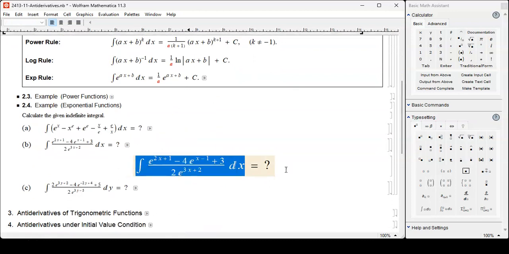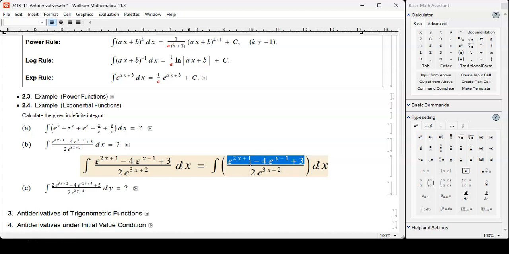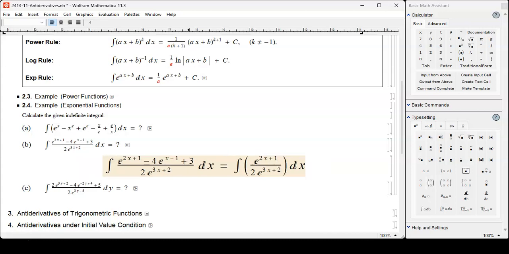So let's copy and paste this thing. Put parentheses here. And then remove those. That's the first term.